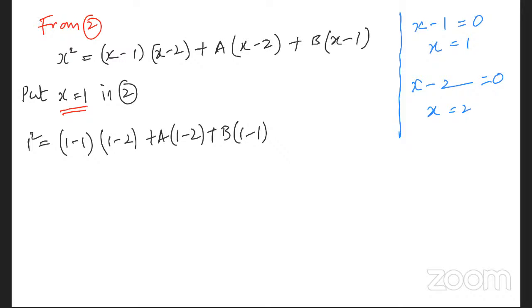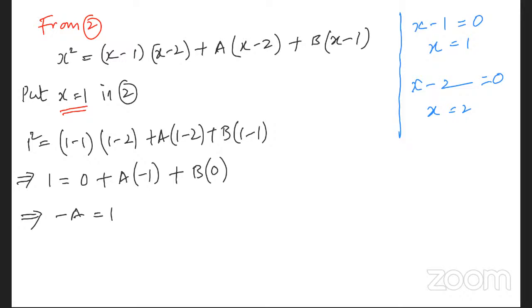This implies 1 is equal to 0 plus a into (1 minus 2) plus b into 0. So this implies minus a is equal to 1. So this implies a is equal to minus 1.